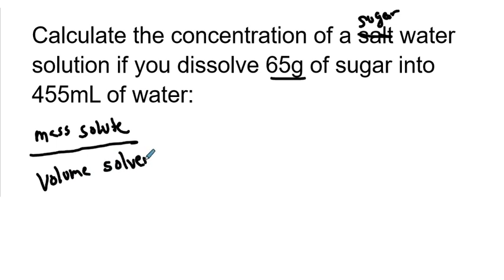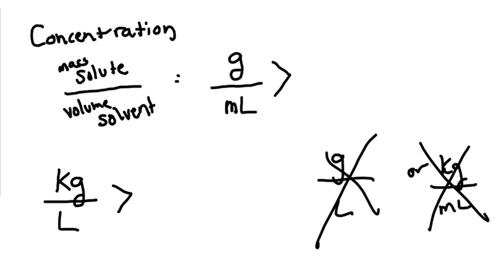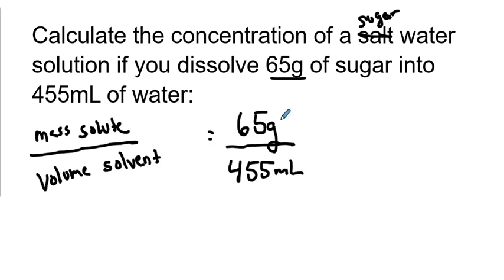In this case, my mass of my solute is 65 grams. The volume of my solvent, which is water, is 455 milliliters. So again, check your units. It should be grams over milliliters, or it could be kilograms over liters. In this case, we have grams, check, milliliters, check.